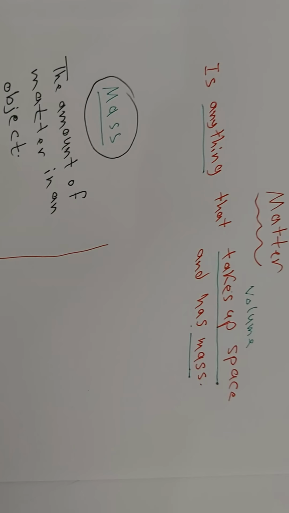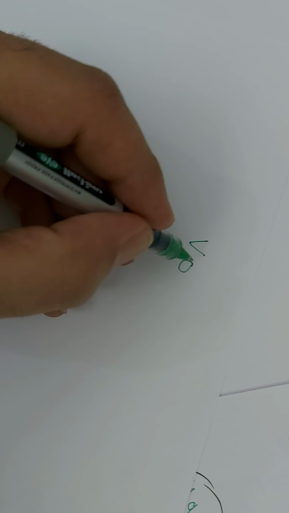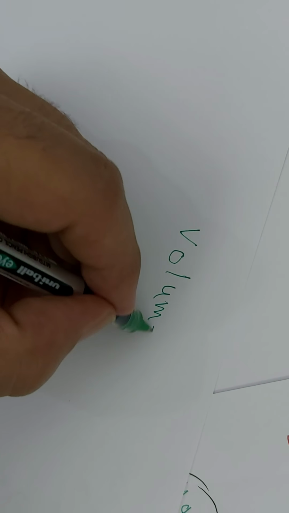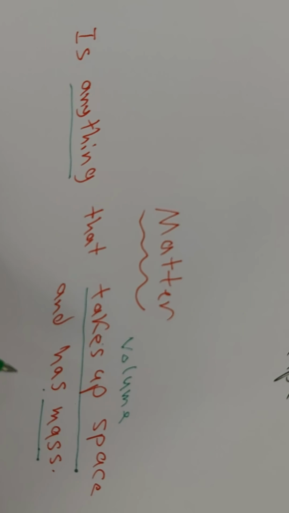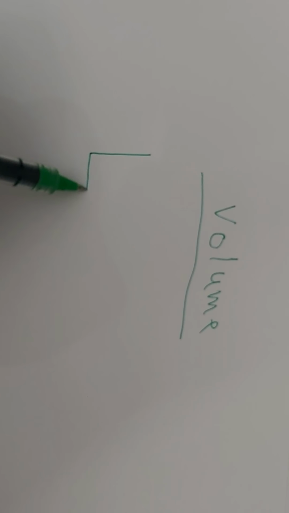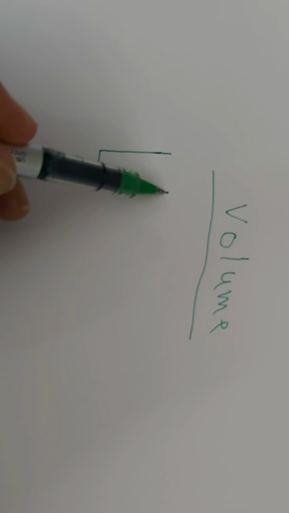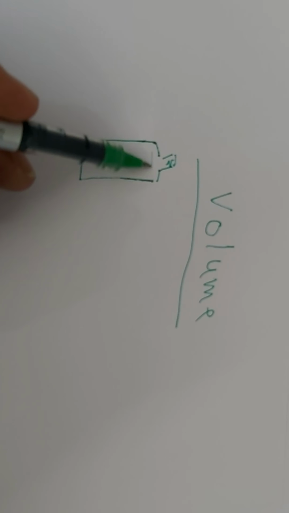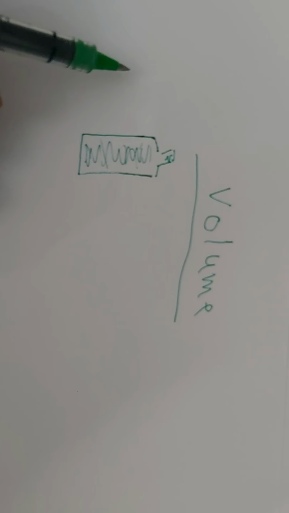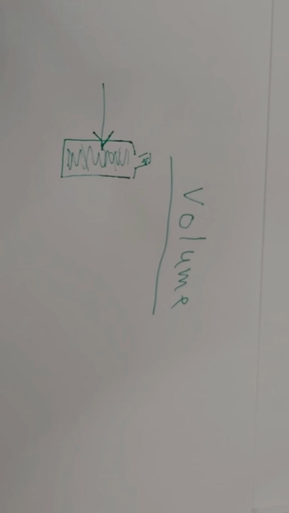Now volume. What is volume? When we defined matter, we said anything that takes up space and has mass, and we said takes up space means volume. For example, to find the volume of this barrel, the amount of space inside it gives the volume of this object.